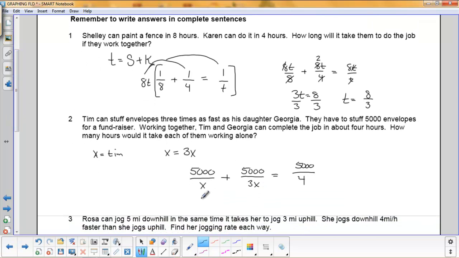Now we're going to simplify that number to 1250 first of all. And then we're going to look for our denominator, and that's going to be 3x.